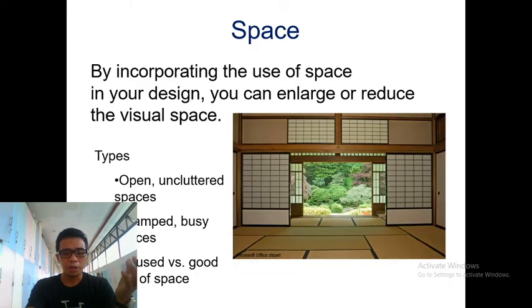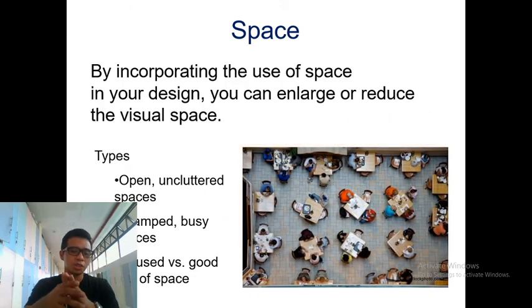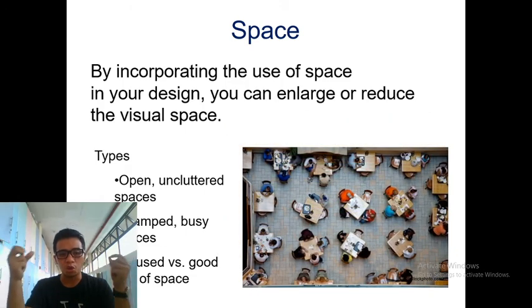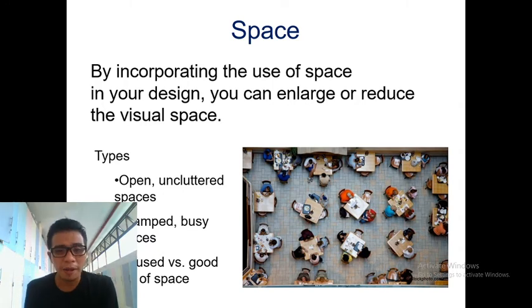So, ito yung example ng open and uncluttered. Maliwalas, ang sarap sa mata, ang sarap siguro matulog dyan, ang sarap siguro puntahan ng ganung lugar. Now, in architecture, we are always challenged to have good use of space, to maximize the space, avoiding dead spaces. When you say dead spaces, ito yung mga space na pwede pa sanang magamit.